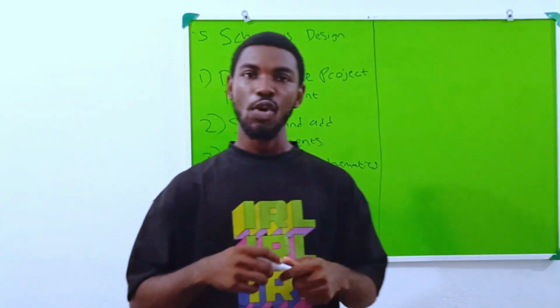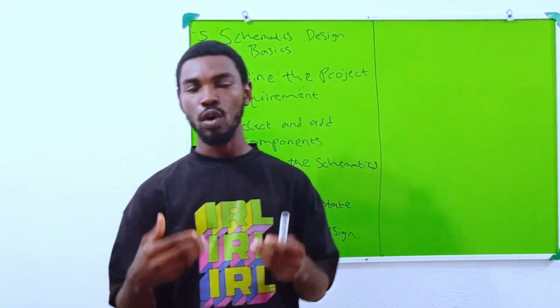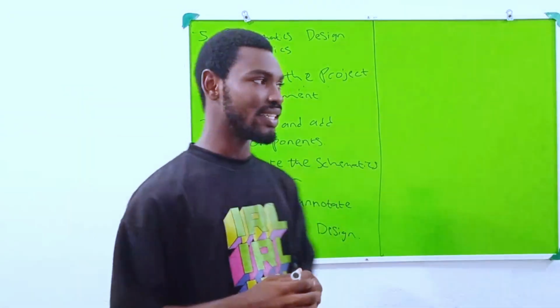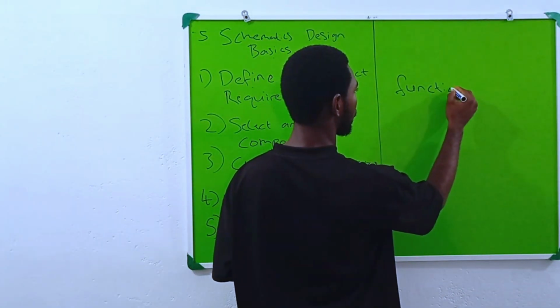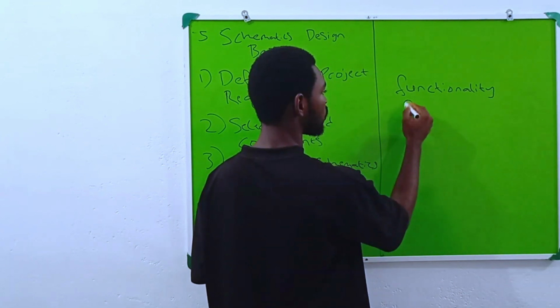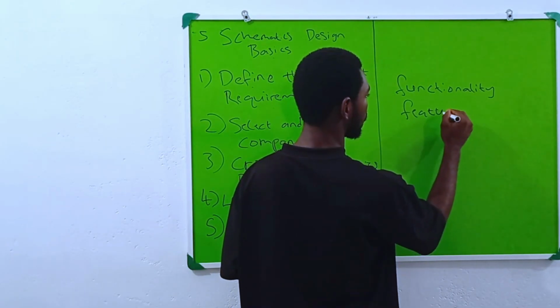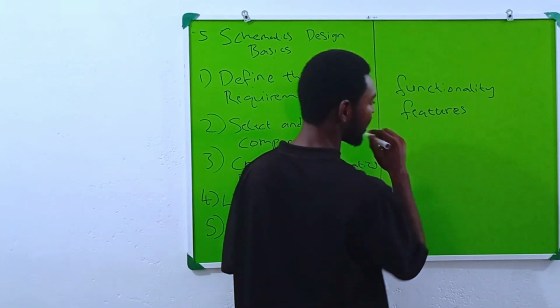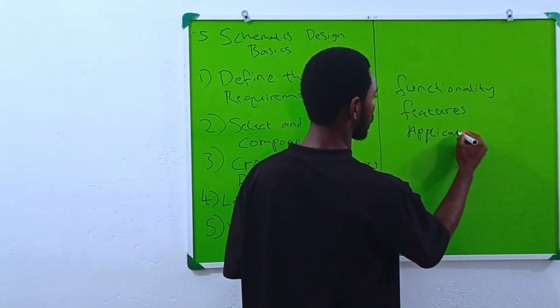This is very important. Before designing your schematic, you need to actually know what your project requirement is. This is in terms of the functionality of your design, the features of your design, and the application that your design is going to work on.